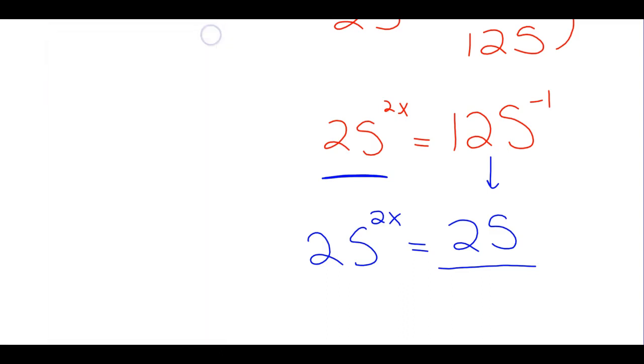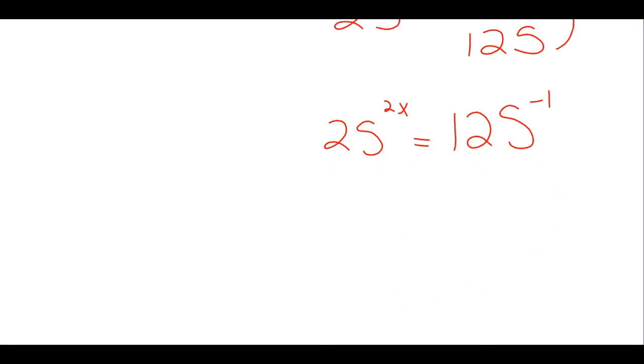So what we're going to do is make them both smaller. I'm going to rewind here. What is a number as a base that can be written to a power and we could get 25 and 125 out of it? 5. So how could I rewrite 25 with a base of 5? 5 squared, right?